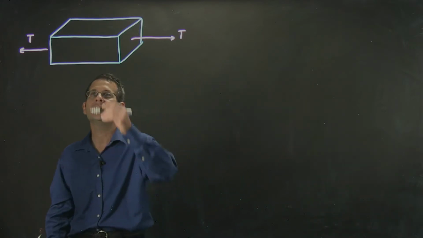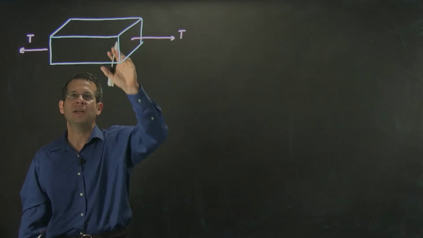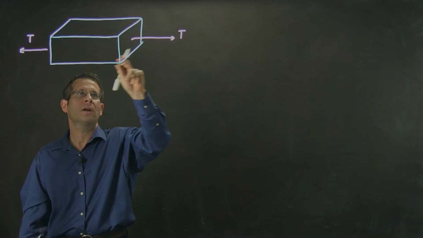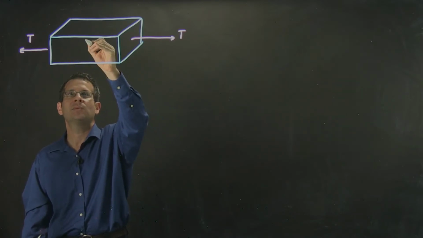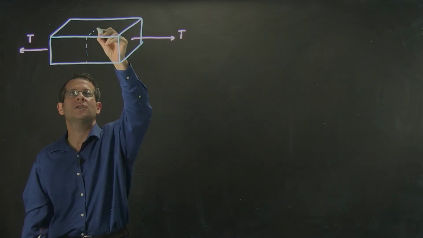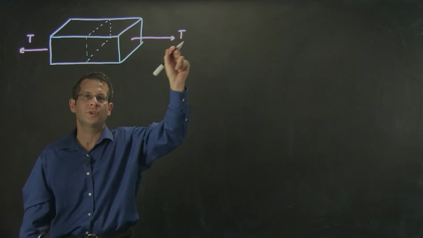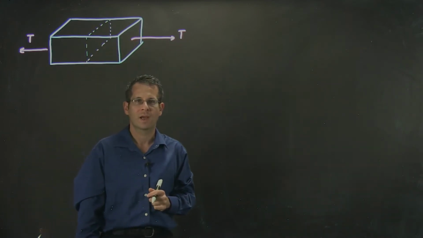We're used to looking at an object under stress or with forces applied and assuming that I can determine the stress, and we've been thinking along planes that are normal to the forces that are applied.